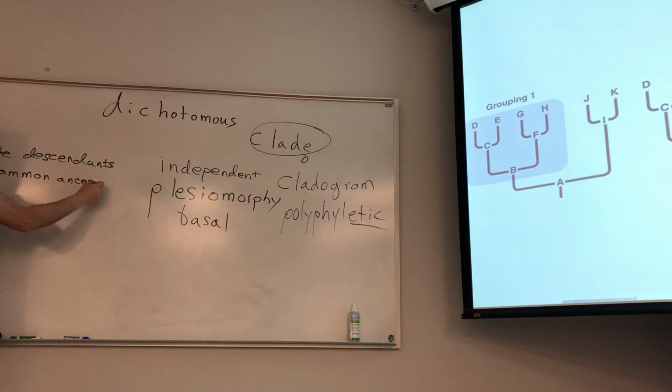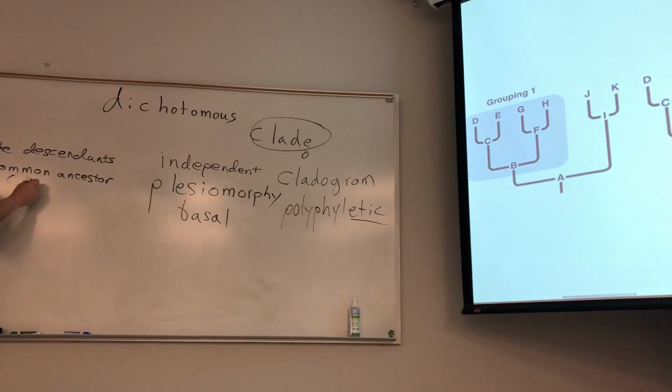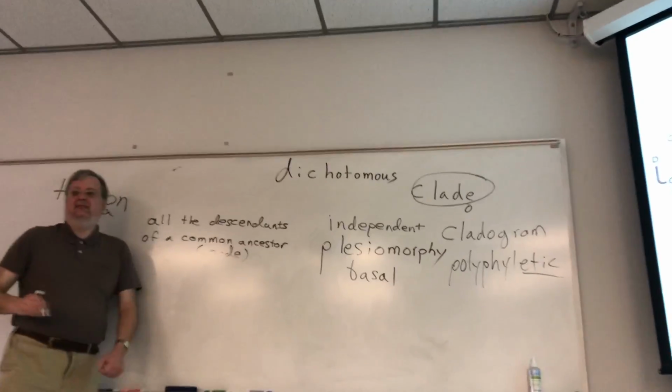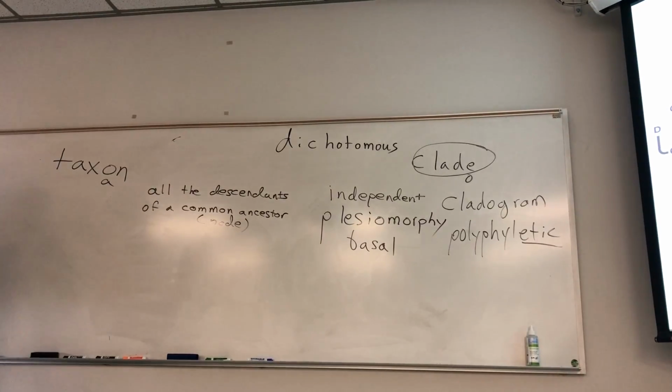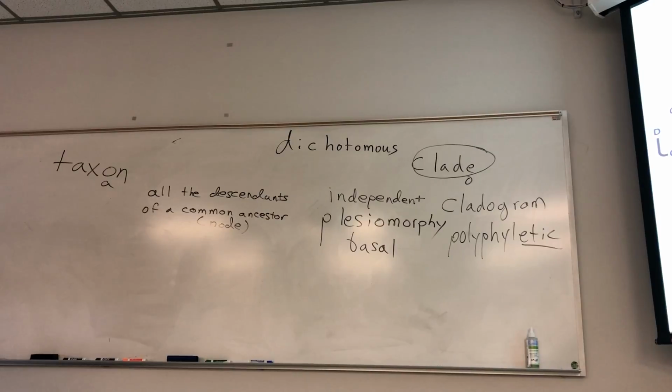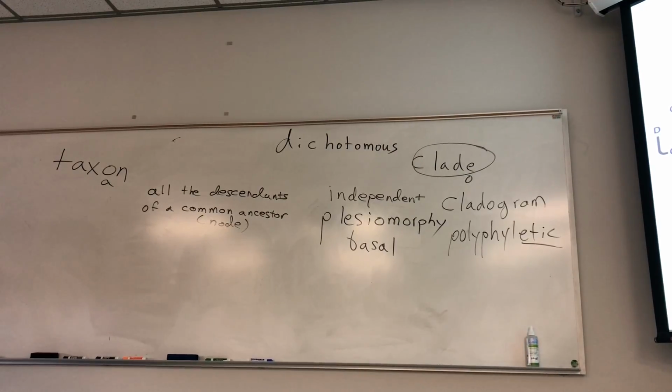And the common ancestor in a phylogenetic tree, remember, is going to be a node. So in practical terms, it must include all of the descendants of a node to be monophyletic. Mono means one, and the idea here is that this is a true group.